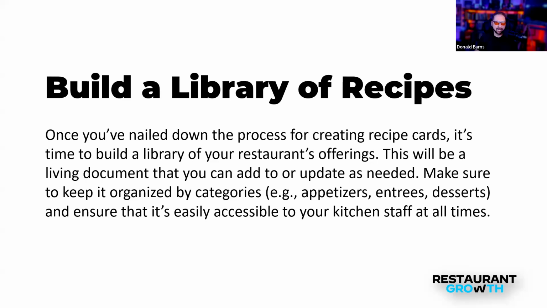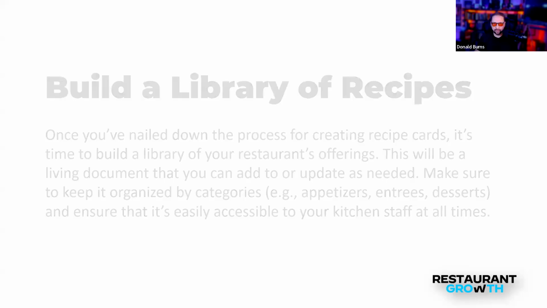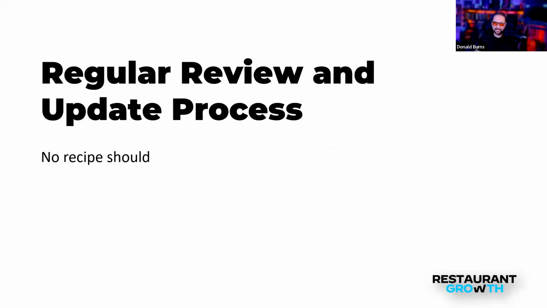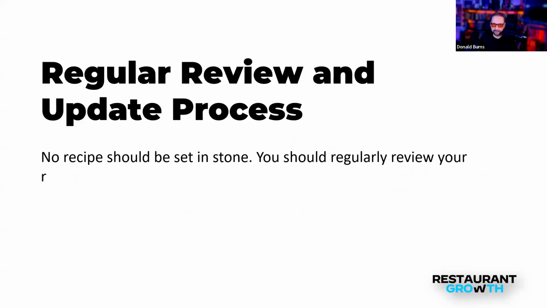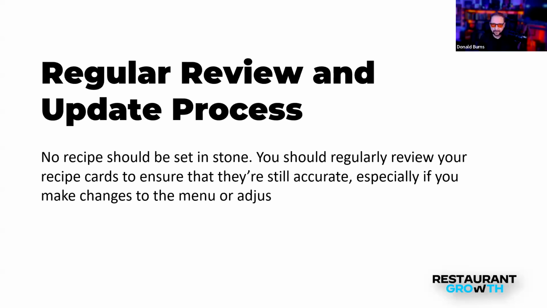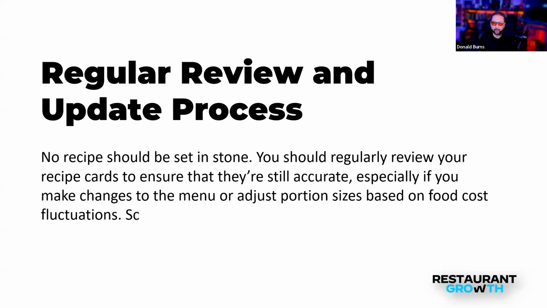Right. And then every quarter, or every 6 months at minimum, you should regularly review and update your processes. No recipe should be set in stone. That means you've got to regularly review the recipe cards and ensure that they're still accurate, especially when you're making menu changes or adjusting portion sizes due to food cost fluctuations.